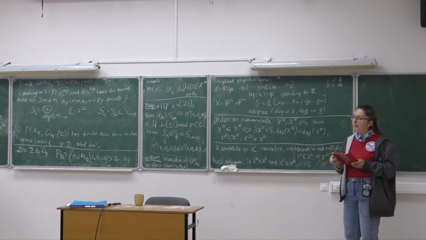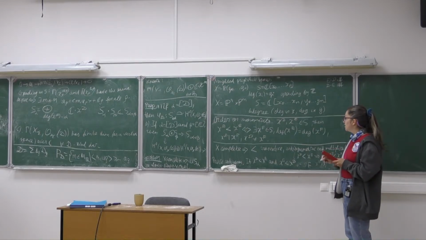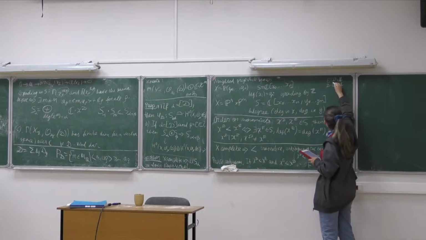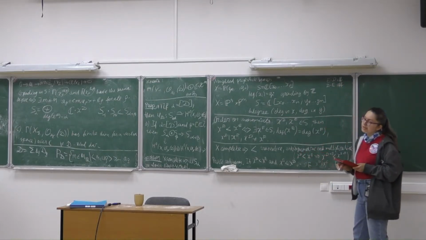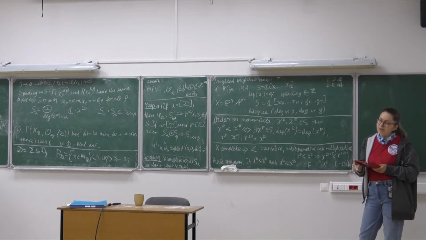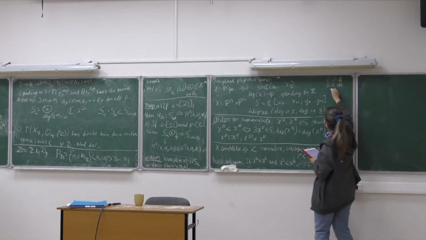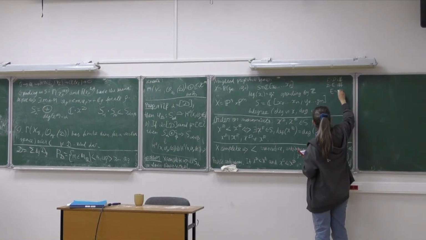So since our variety is complete, it can hold only if this is a zero divisor. So we don't have globally defined regular functions, and we have E equals D.